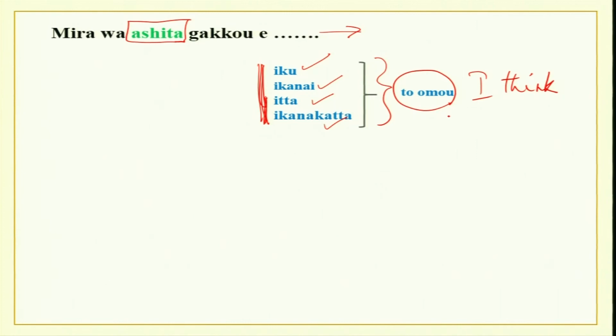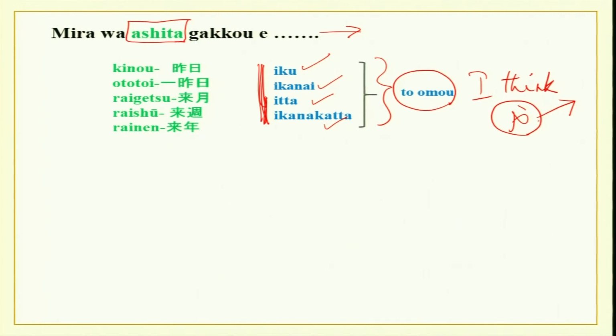If you have to ask a question, put a ka over here and then you can ask somebody, what do you think about a certain matter? Mira-san wa ashita gakko e ikimasu ka?